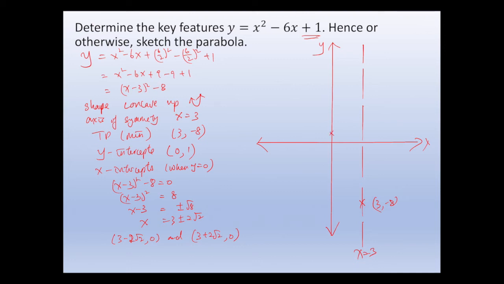The y-intercept is 0, 1. And let's sketch the curve before we actually draw in the x-axis. That's a little trick that I always use, because it's only a sketch, it's not exact. So therefore this point is 3 minus 2 square root of 2, 0, and this point is 3 plus 2 square root of 2, 0, and label y equals x squared minus 6x plus 1.